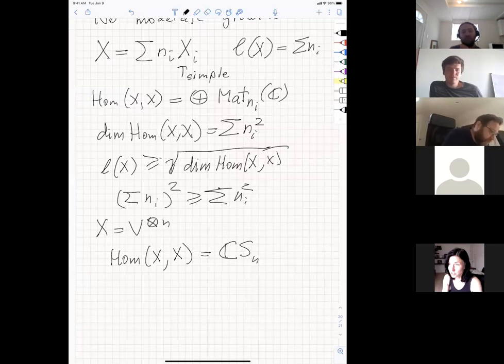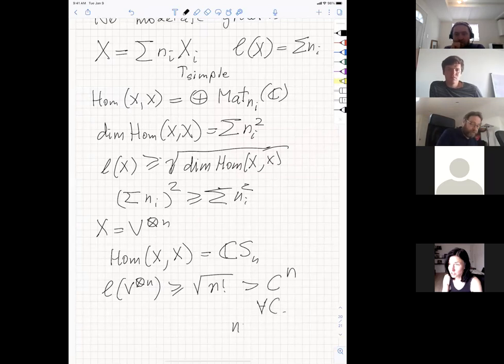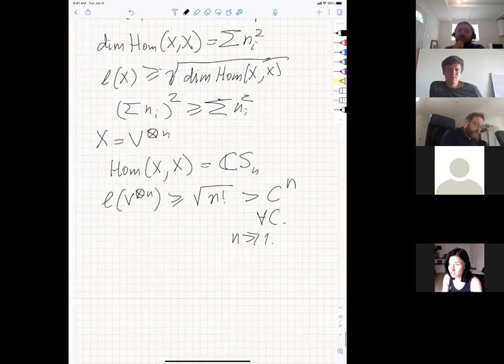And so the length of V^n is at least the square root of the dimension of this, which is n factorial. And this is bigger than a constant to the n for any constant, for sufficiently large n. So this means that there is no moderate growth here. So this is the category you get.